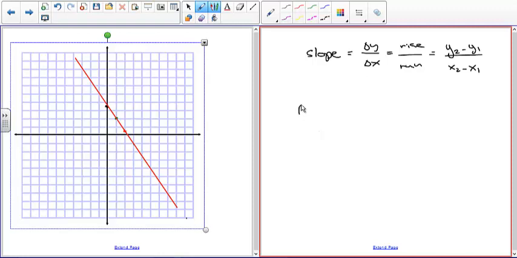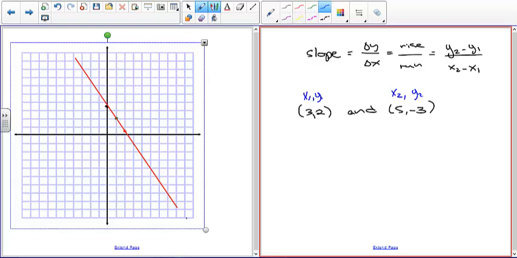So if I give you 2 coordinates, 3, 2, and 5, negative 3, it's completely arbitrary which one is point 1 and which is point 2. You're going to get the same answer. So I always just choose whichever one's first as x1, y1, whichever's second as x2, y2.